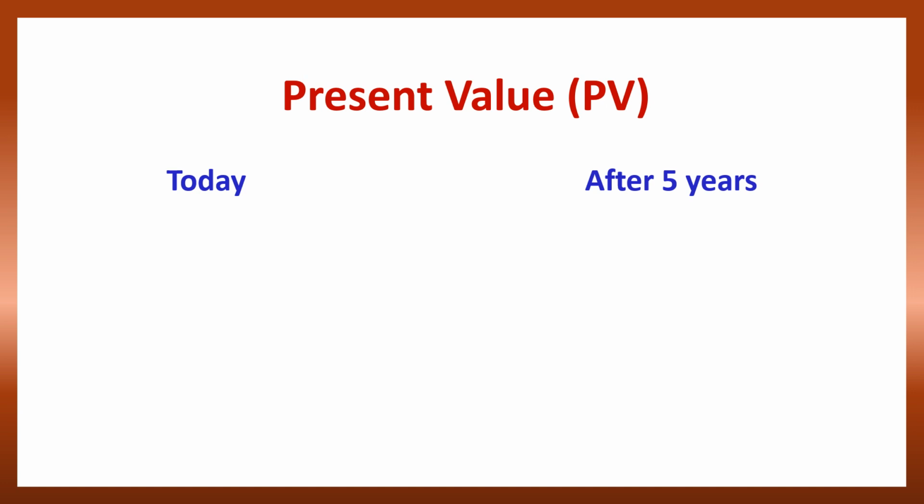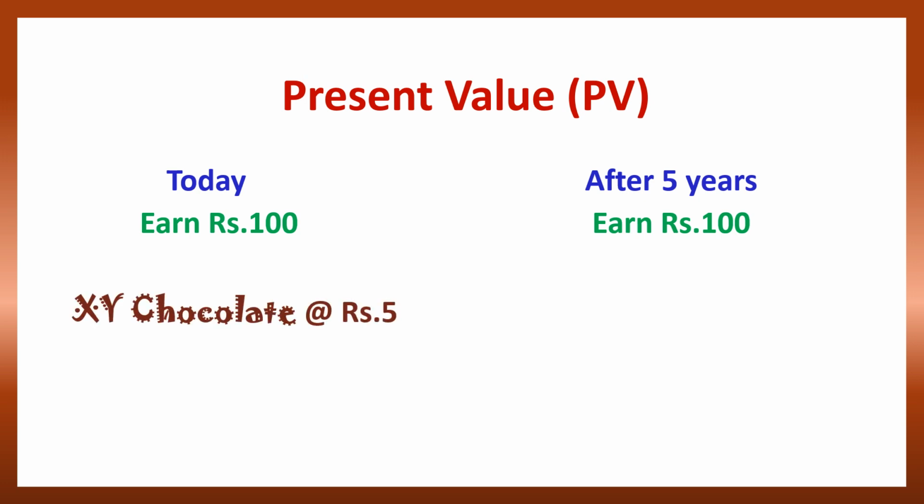For example, suppose we can buy a chocolate for rupees 5 today. After 5 years, we may not be able to buy the same chocolate for 5 rupees. Maybe the value of that chocolate has increased to 10 rupees.